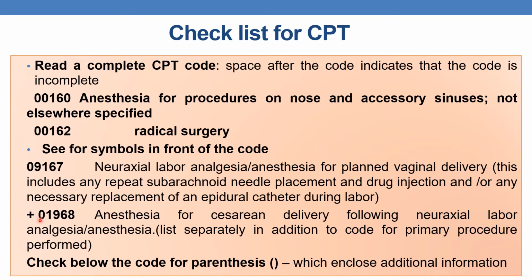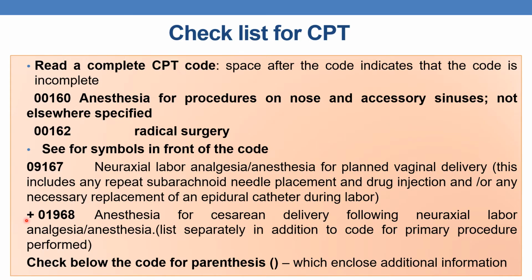The description for 01968 is anesthesia for cesarean delivery following neuraxial labor anesthesia or analgesia. Here you can even find parentheses below the code that indicate list separately in addition to code for primary procedure performed.